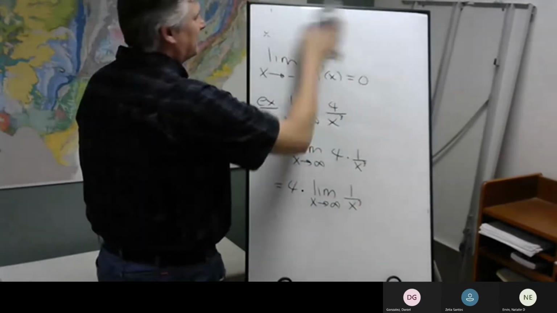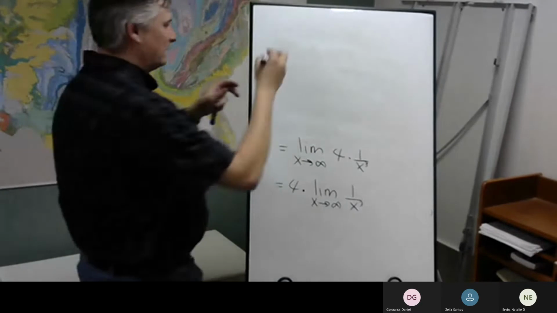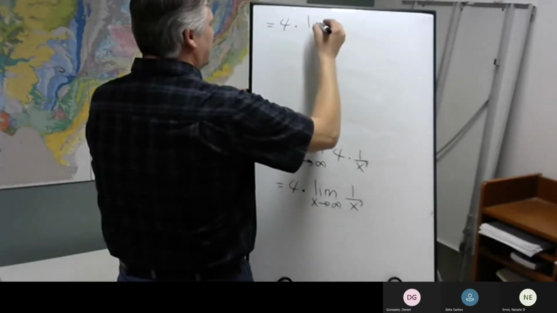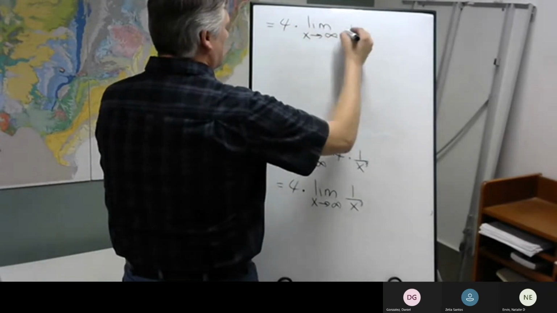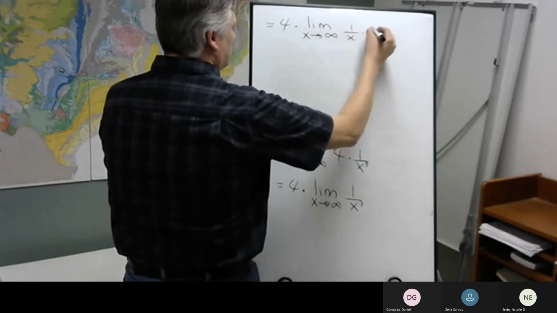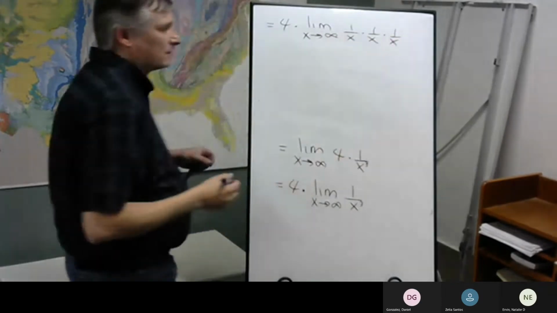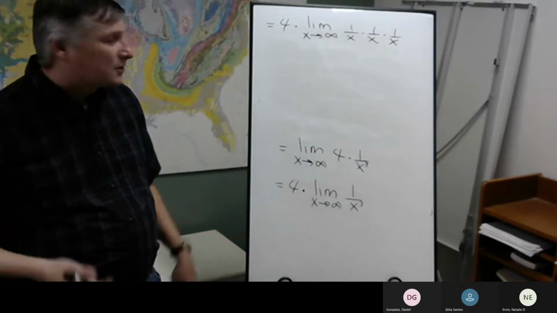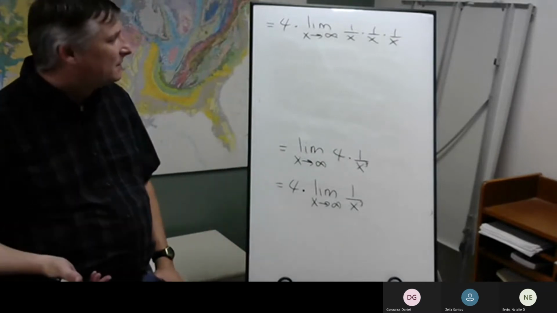Well, in this case, we can also think of this as 1 over x times itself 3 times, because 1 cubed is just 1, and x cubed is x cubed.